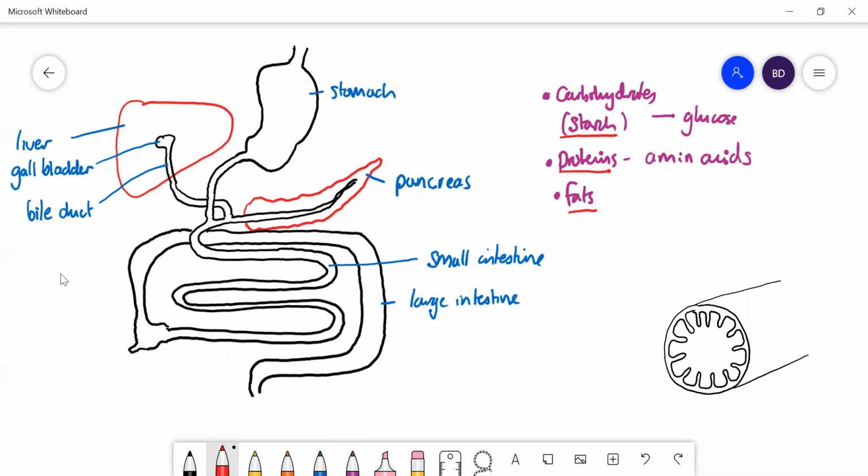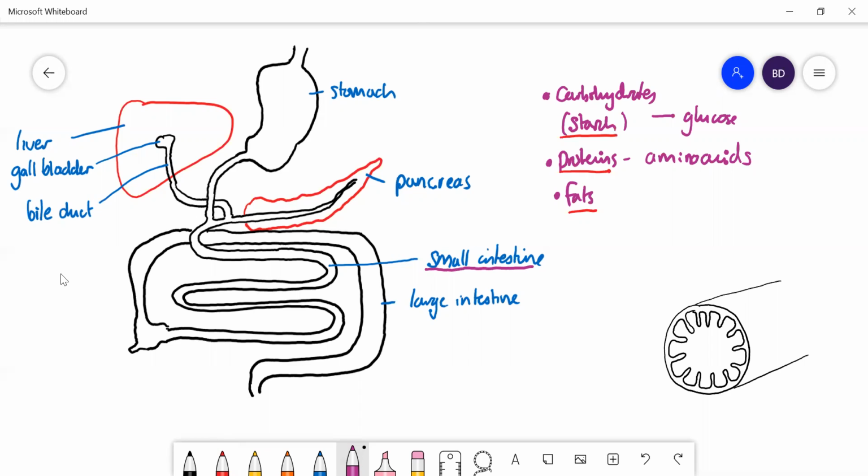which are amino acids, which are soluble and can pass across the walls of the small intestine into the blood vessels, which are very intimately associated with the small intestine. I haven't drawn the blood vessels on the small intestine there.